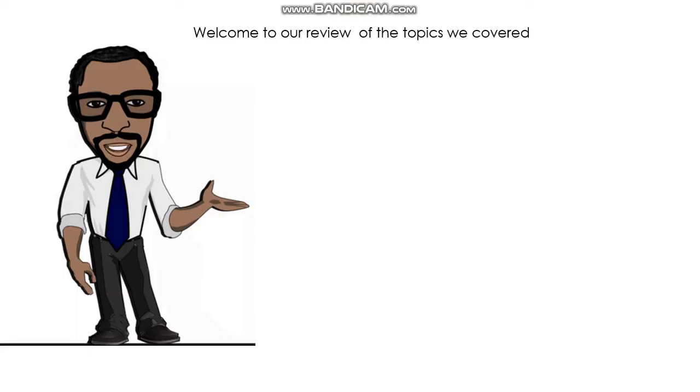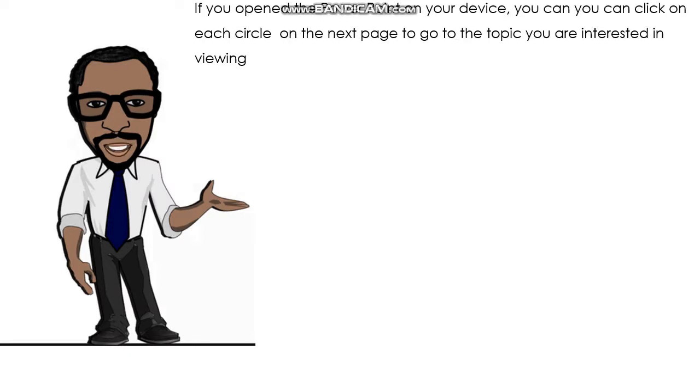Welcome to our review on the topics we covered. This file can be used in different ways. If you open the PowerPoint on your device, you can click on each circle on the next page to go to the topic you are interested in viewing.